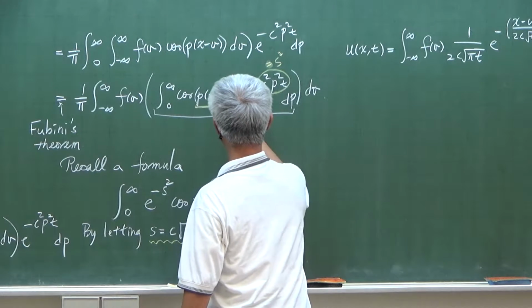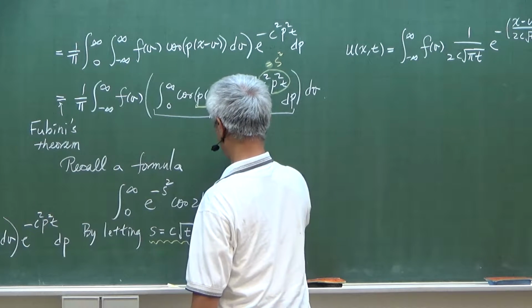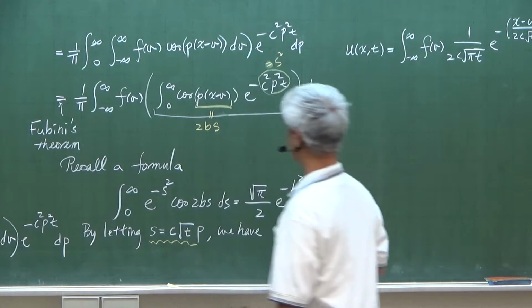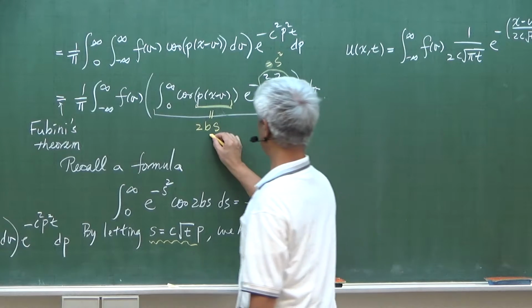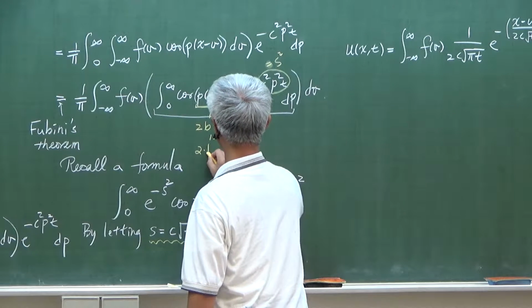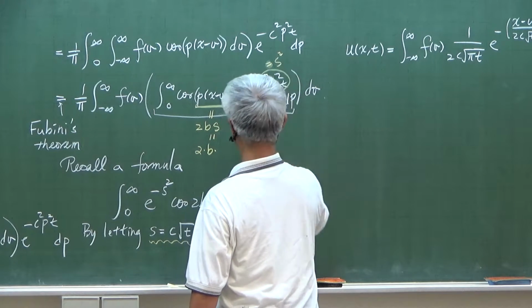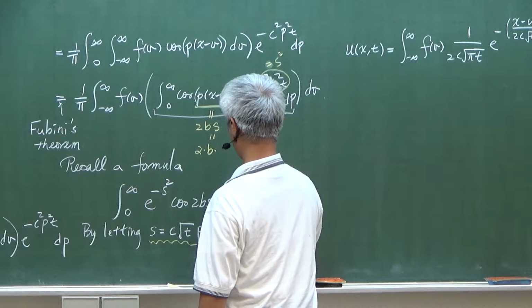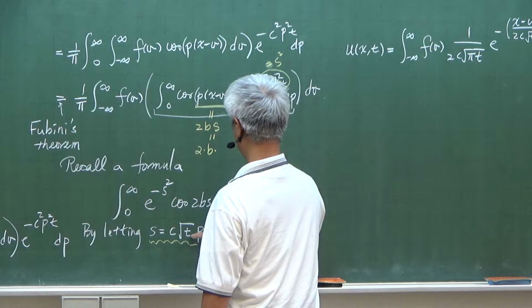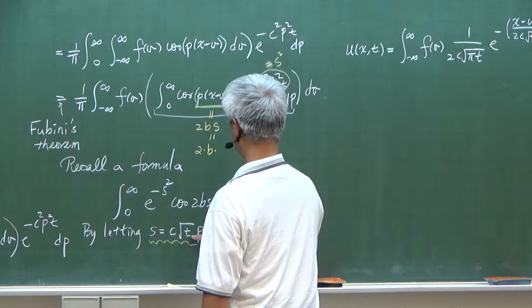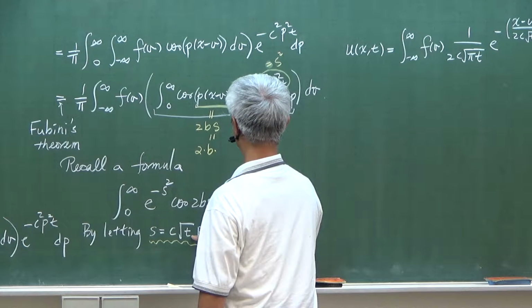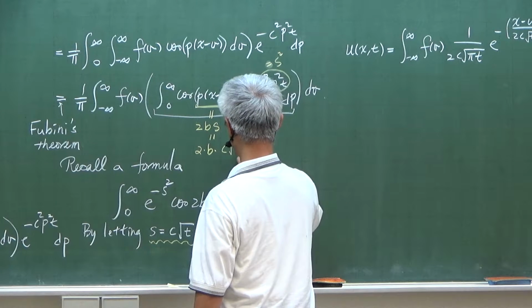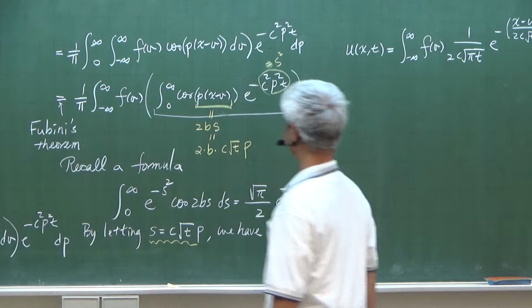And we know this one should be equal to 2ps, so this is equal to 2 times b, and s is equal to c square root of t and p.